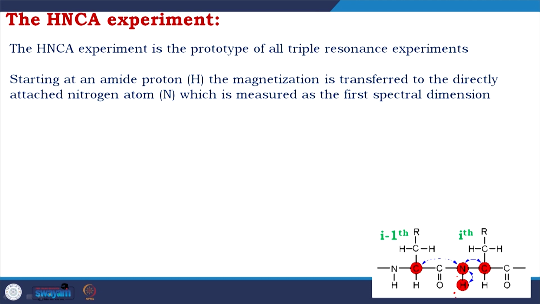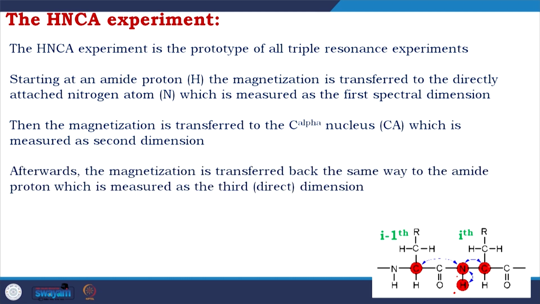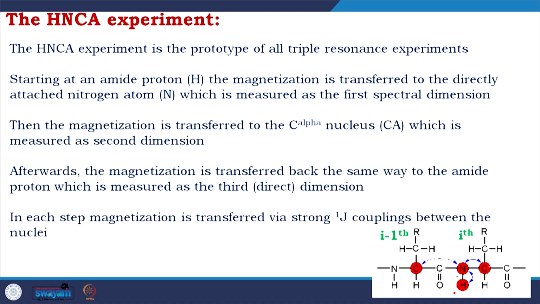So you will measure hydrogen to nitrogen magnetization transfer. Then the magnetization is transferred to the C alpha nucleus, which is measured as the second dimension. Afterwards, the magnetization is transferred back the same way to the amide proton, which is measured as the third dimension. In each step, magnetization is transferred via strong 1J couplings between the nuclei.